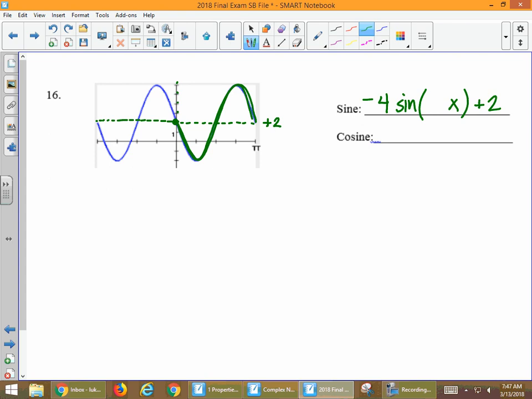pi. So 2 pi divided by b equals pi. Well, 2 pi divided by b equals pi means that my b has to be 2. So if you would like to pause and make sure you can do that math and match that answer, that's absolutely fine. The other way you can look at this is this has to be a horizontal compression by 1/2.